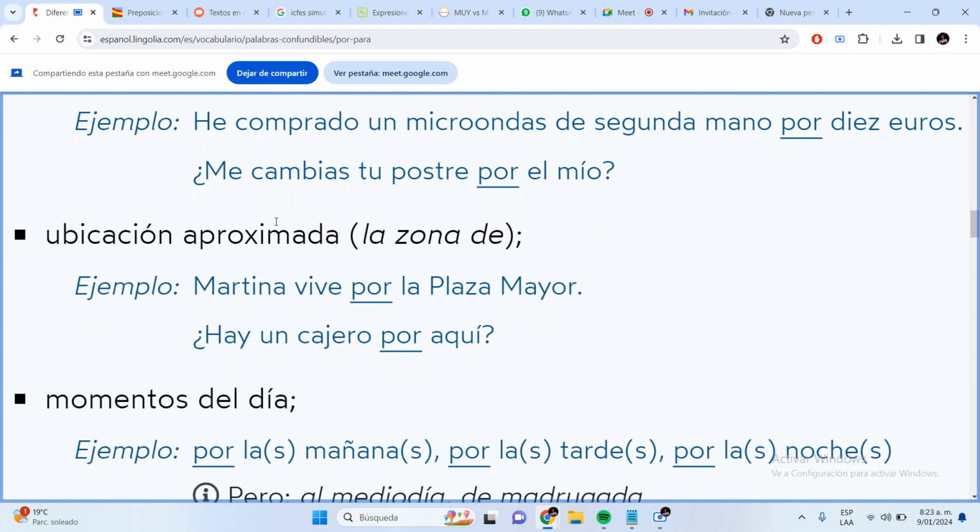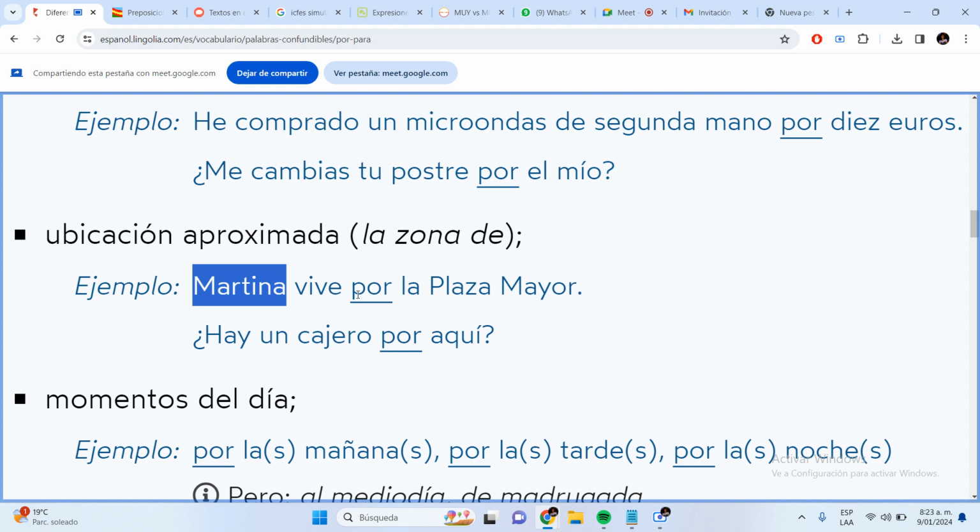Also, ubicación aproximada. So, for example, this is the park, right? If you say estoy en el parque, you're exactly there, right? But you can also say estoy por el parque. That is, I'm not specifically in the park, but I'm around the park, like near. So, estoy por el parque. Or, for example, Martina vive por la Plaza Mayor.